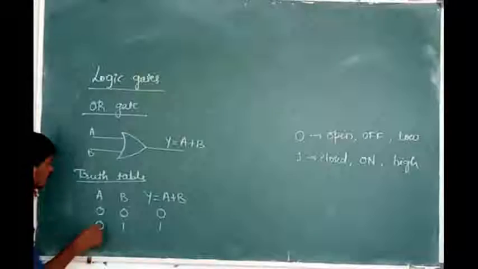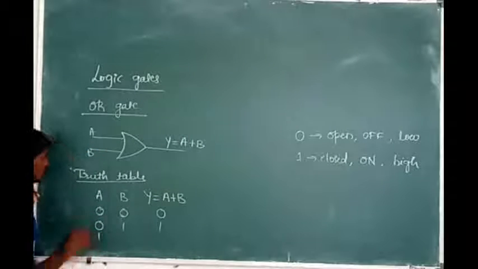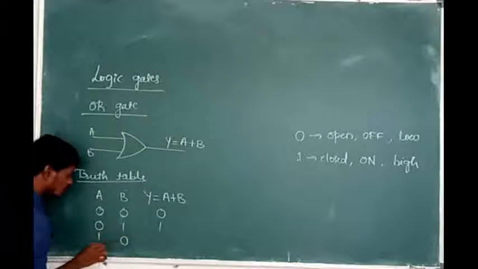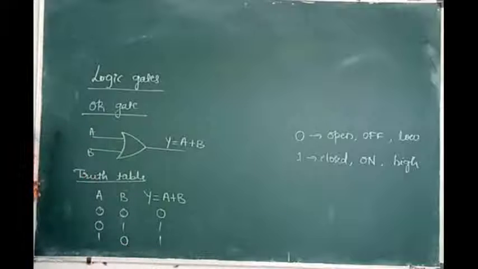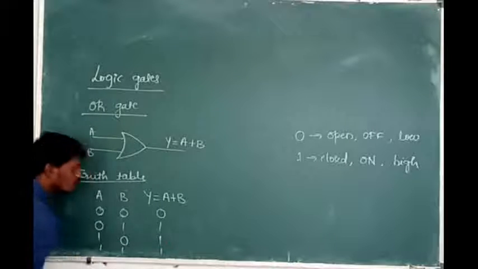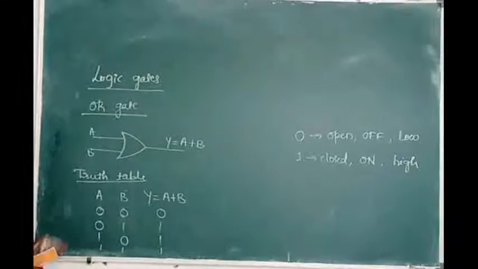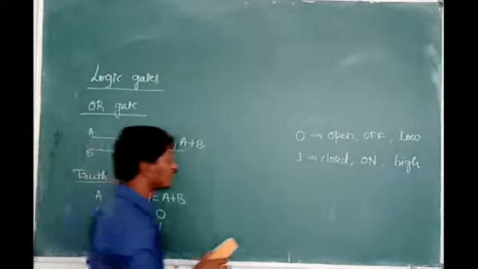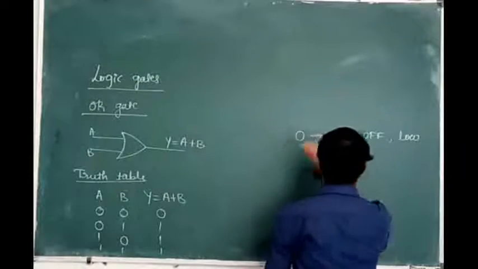Next, if A is high and B is low, then 1 or 0 is again 1. If both are high, 1 and 1, then it is again 1. It is the truth table for which gate? The OR gate.